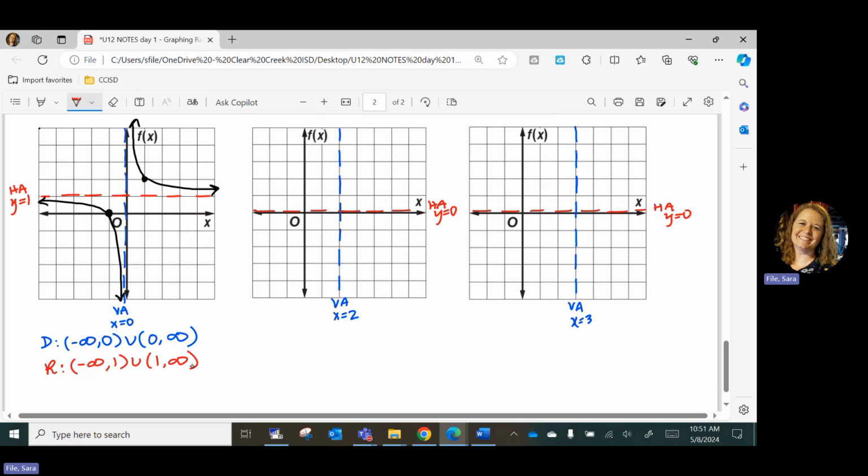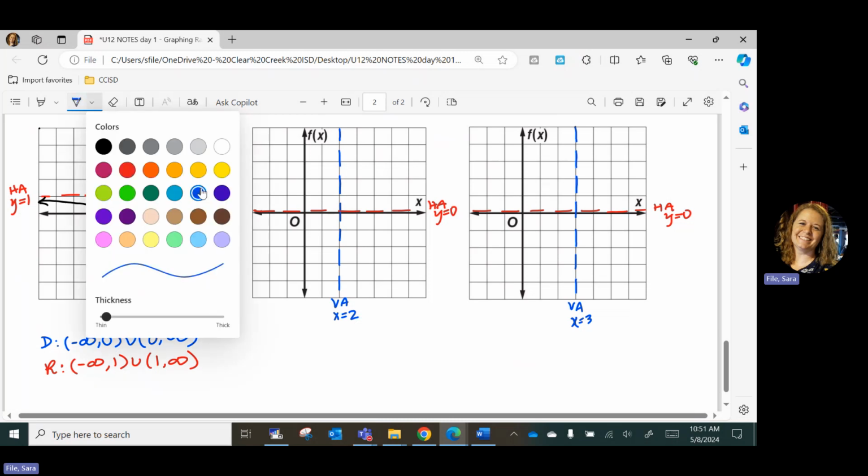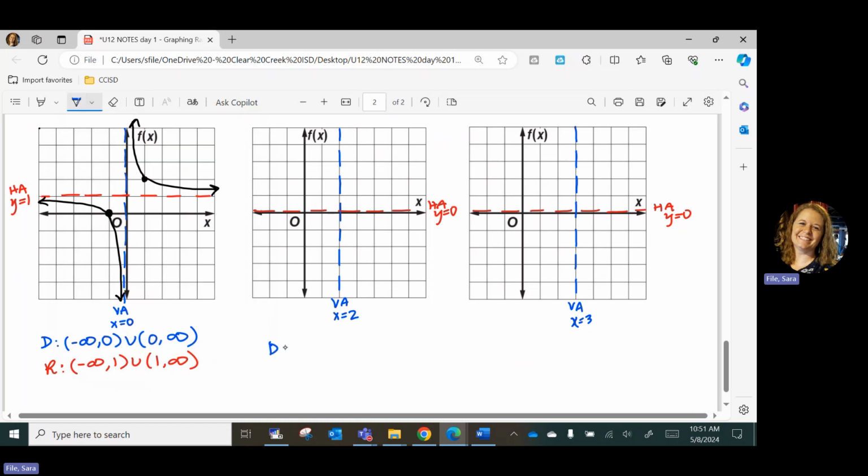Okay, so same thing here. I'm going to just go ahead and give the domain and range without even knowing what sections the curves are in, because it's just based on those asymptotes. Okay, so the vertical asymptote's at 2. So it's -infinity to 2, union 2 to infinity.